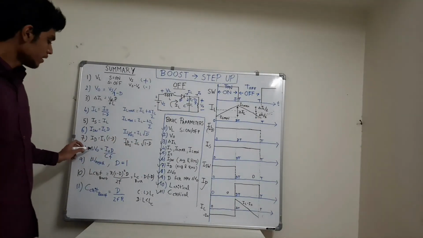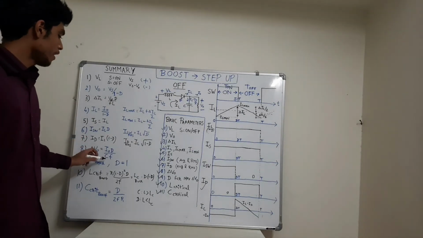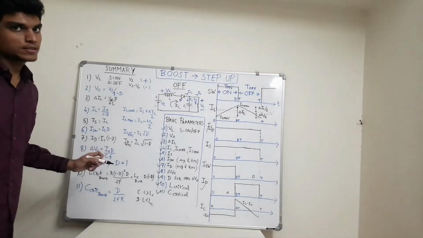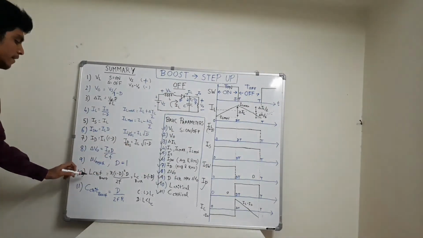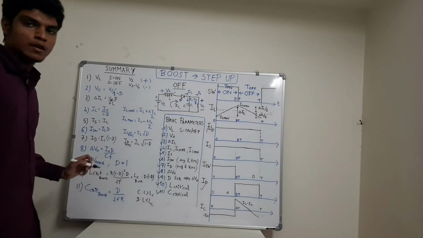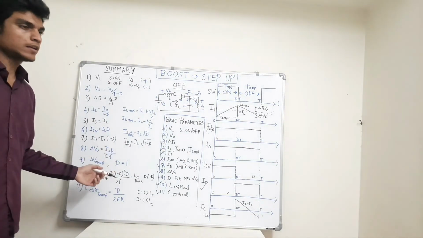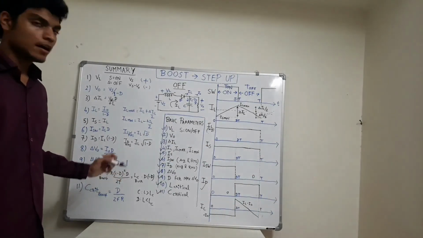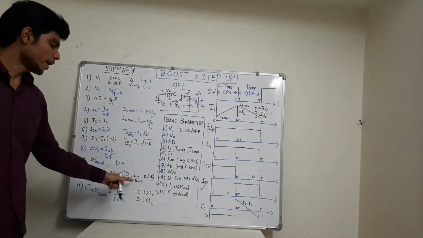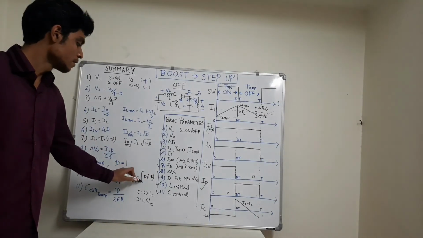The eighth thing was the ripple in the output voltage, which equals I0 D upon FC, and the condition for maximum ripple was duty cycle D equal to 1. The tenth thing was the critical value of inductance for the boost converter, which equals R into (1 minus D) whole square into D upon 2F, and in terms of the buck converter, it equals LC buck into D into (1 minus D).